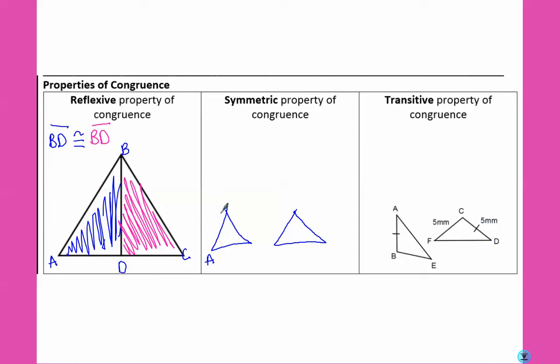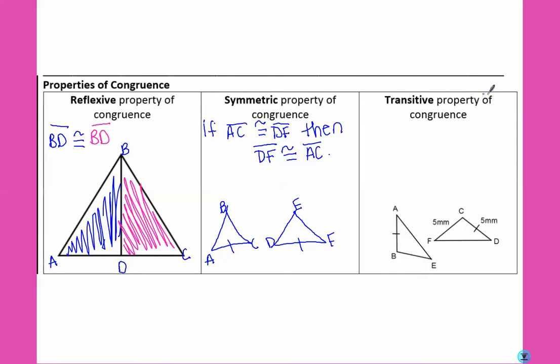We have A, B, C, and D, E, F. If we know that AC is congruent to DF, then we could also say that DF is congruent to AC. So the order we write them in our congruence, as in which triangle comes first, or the parts from which triangle come first, doesn't matter.